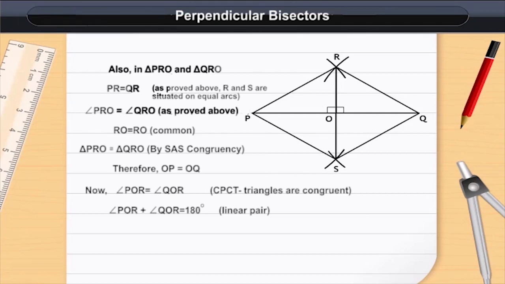Therefore, angle POR should be equal to angle QOR. That means both the angles must be 90 degrees. So we say that line segment RS is the perpendicular bisector of line PQ.